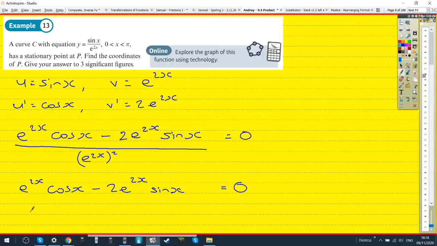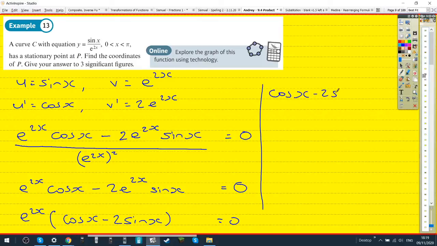Factorize. Am I factorizing e to the 2x out? Yep. Factorize anything. And so will that then become cos x minus 2 sine x? Yeah. And then I can just do cos x minus 2 sine x equals 0. Do I now need to do cos x equals 2 sine x? Sure.